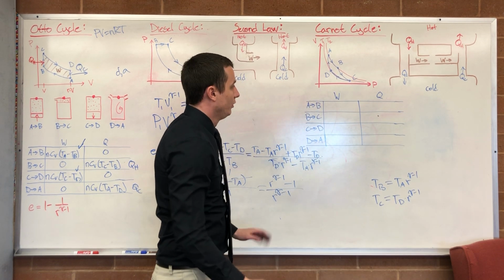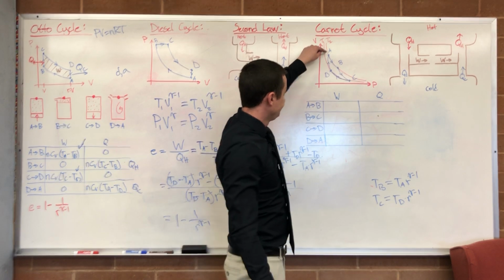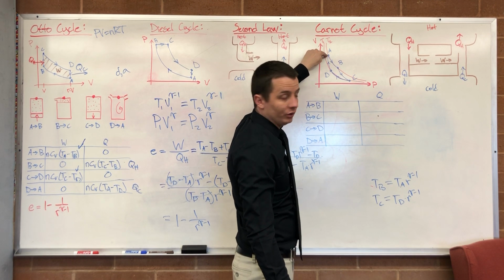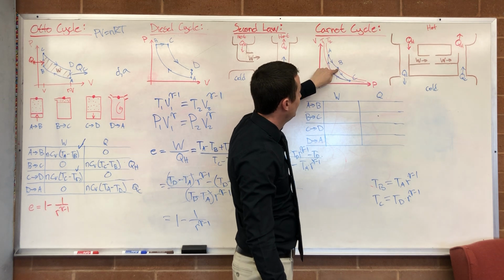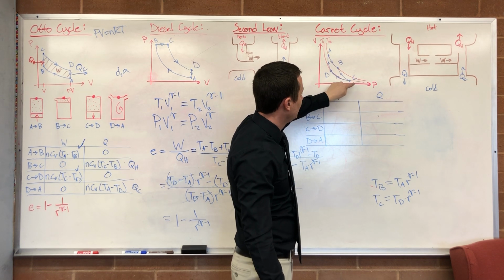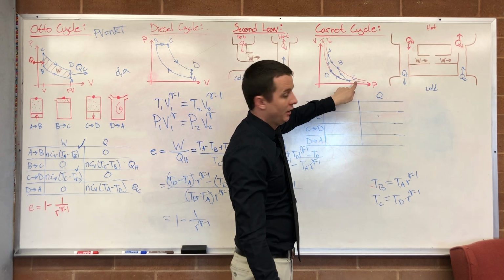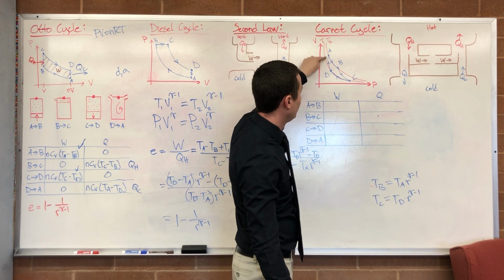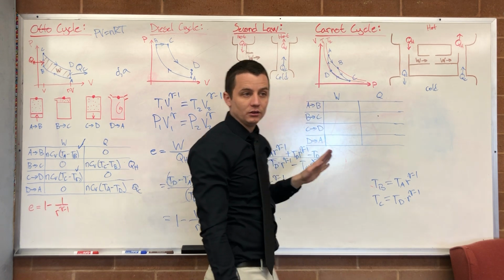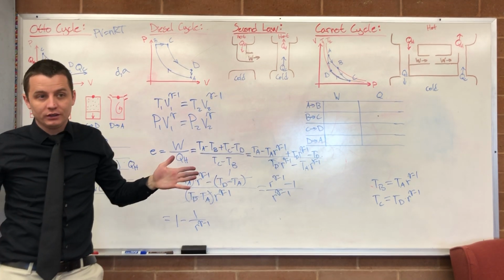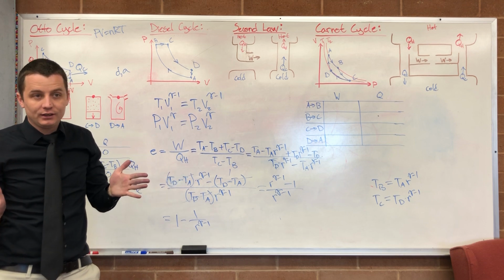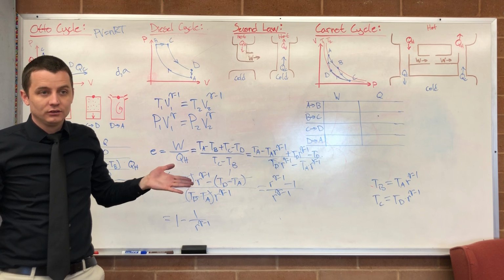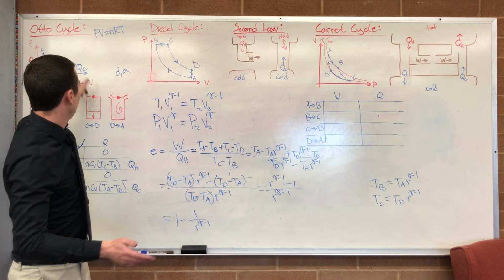Okay, so how does a Carnot cycle work? Start at some point A, and we're going to isothermally go from point A to point B, and then adiabatically go from point B to point C, and then isothermally go from point C to point D, and then adiabatically go from point D to point A. So we have no sudden explosions going on here, like the gasoline igniting, and we have no suddenly just getting rid of all our hot air, like we did at the end of each of these cycles.